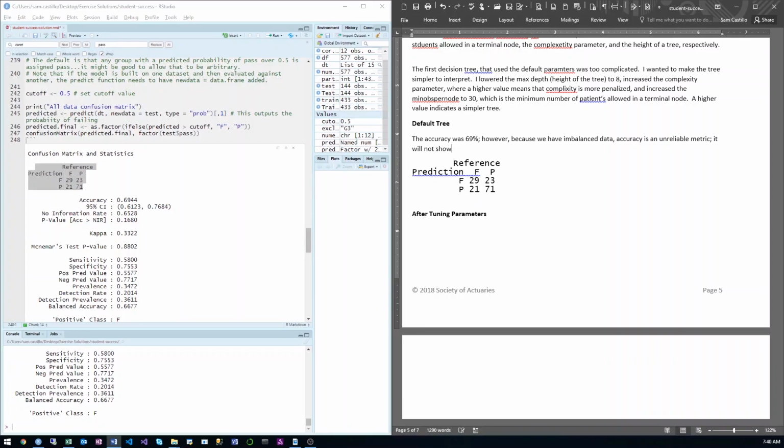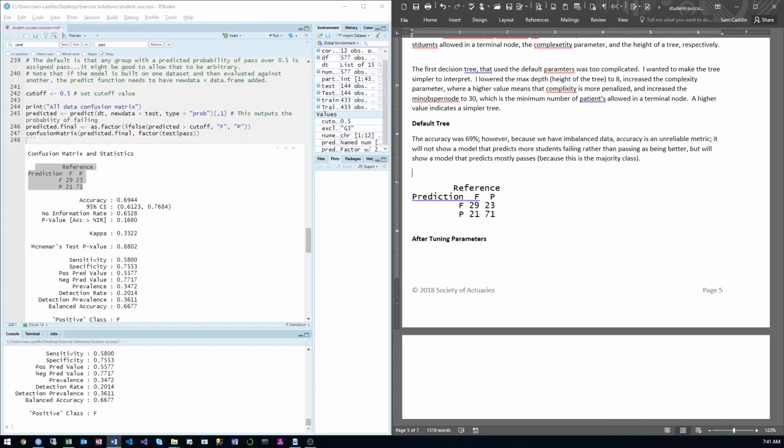It will not show a model that predicts more students failing rather than passing as being better, but will show a model that predicts mostly passes because this is the majority class. So the accuracy was 69%. The sensitivity was 58%.